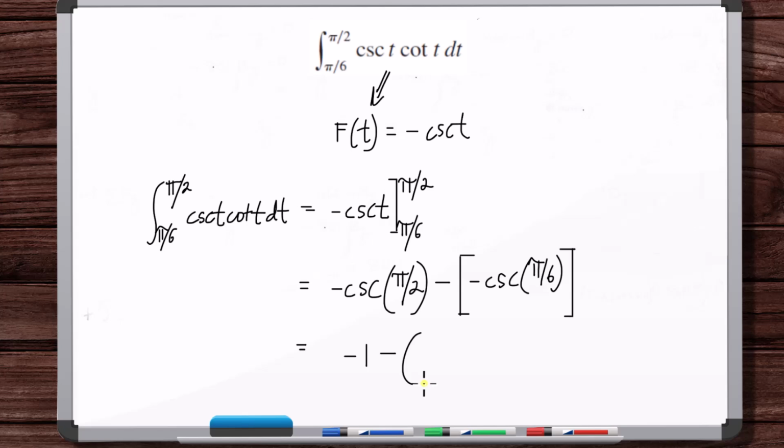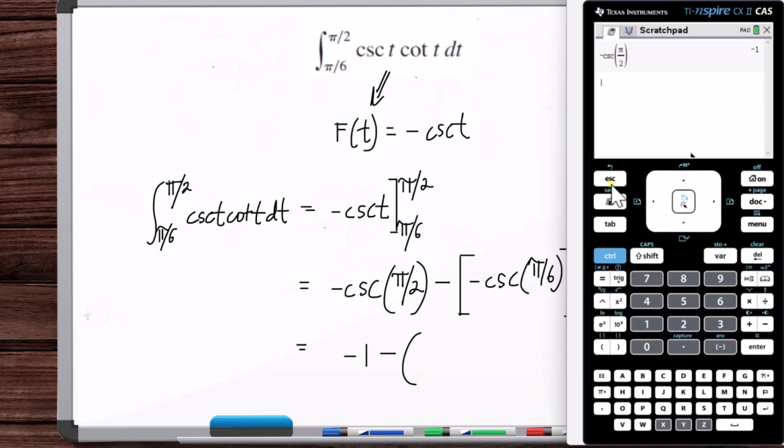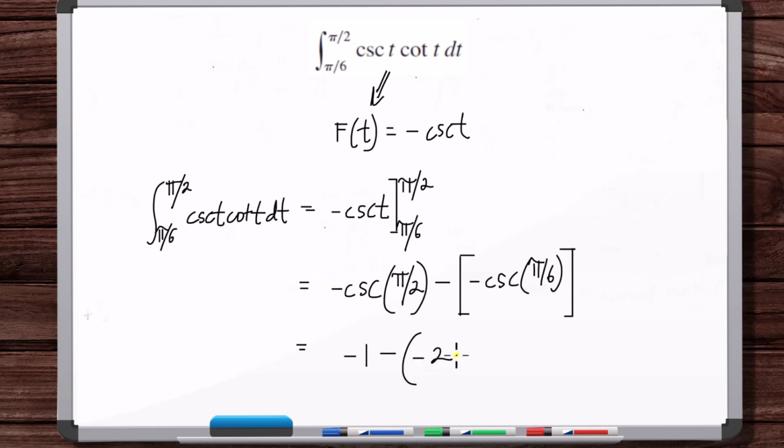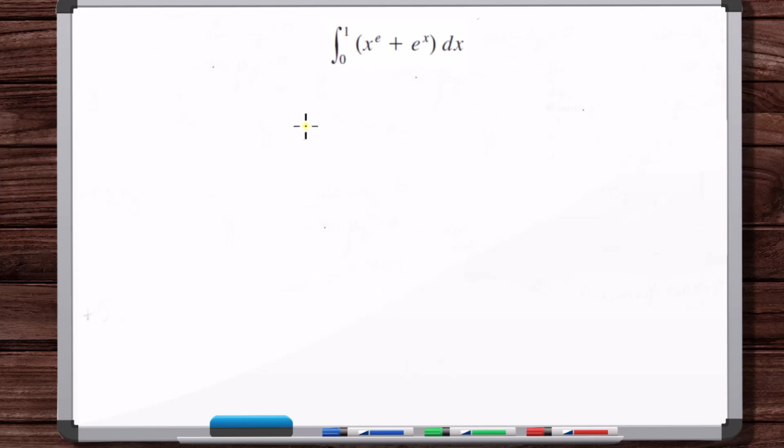And then minus, and we've got minus cosecant pi over 6 minus 2. See how the signs are really confusing. So this is minus 1 plus 2, 1. So this is equal to 1. Okay, we can separate this into two separate integrals.